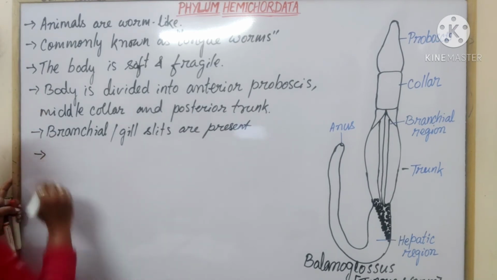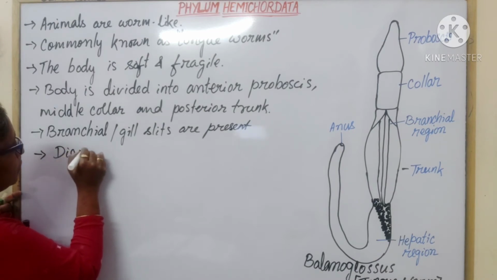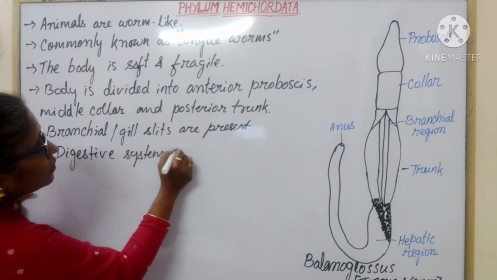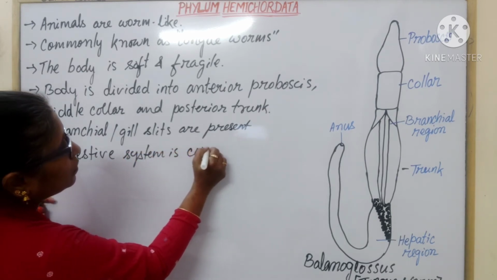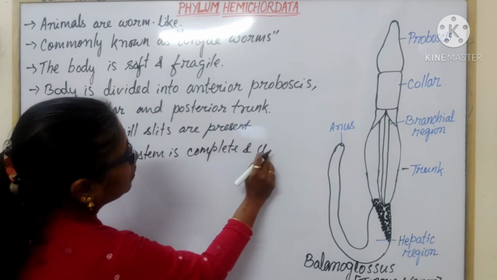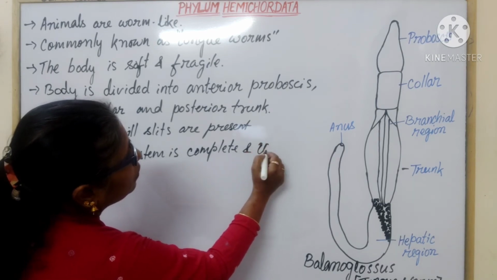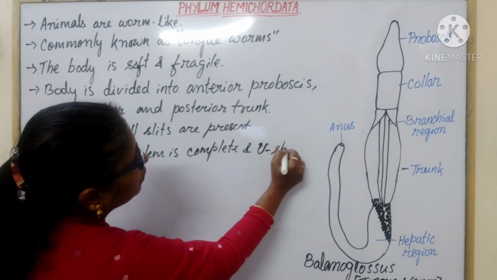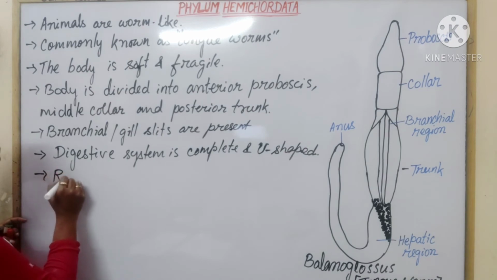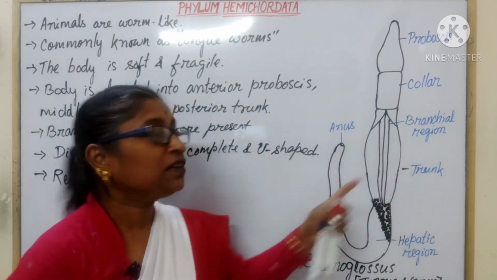The digestive system is complete and U-shaped. Respiration, as we discussed, the branchial region is here.